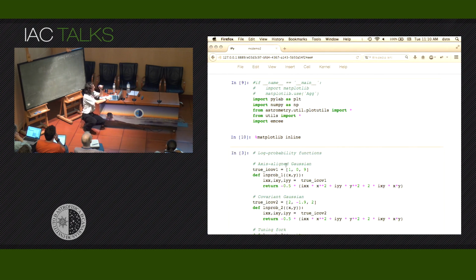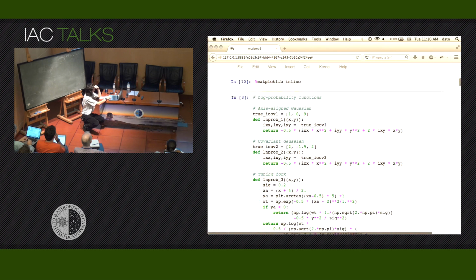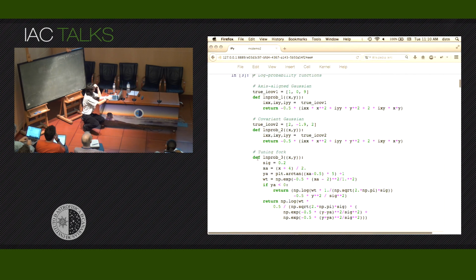All right, so basically the ingredients you need are, I'll show you, this is the code for the tuning fork. The thing you have to write that's the most challenging usually is this log prob function. You're told where you are in the parameter space, and you have to return the logarithm of the probability at that point.